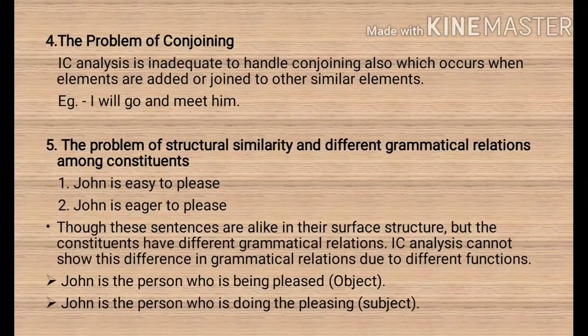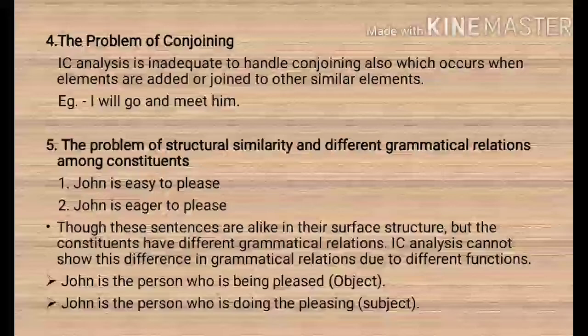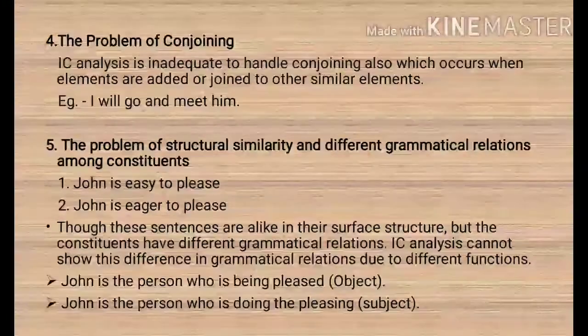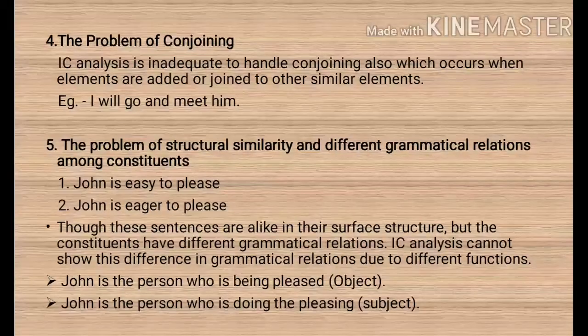IC analysis cannot show this difference in grammatical relations due to different functions. So, in these two sentences, first one, John is the person who is being pleased. That is an object. Second sentence, John is the person who is doing the pleasing. That is the subject.